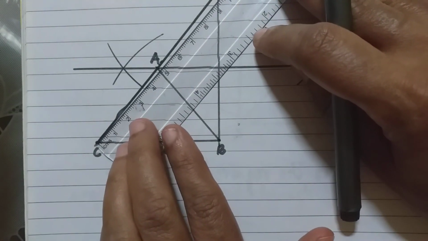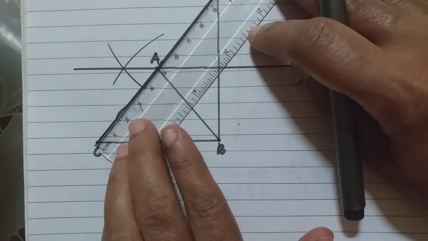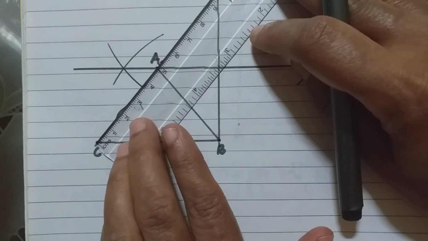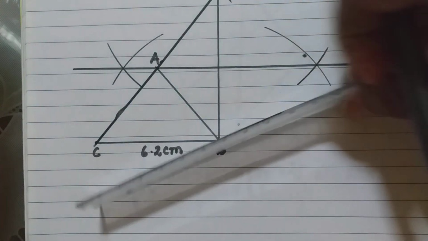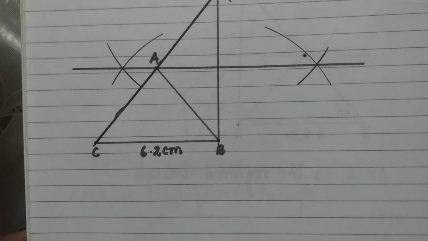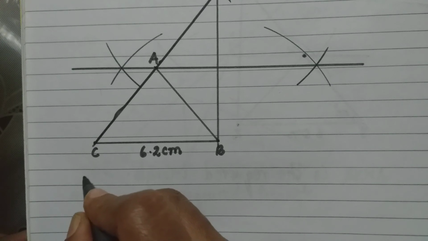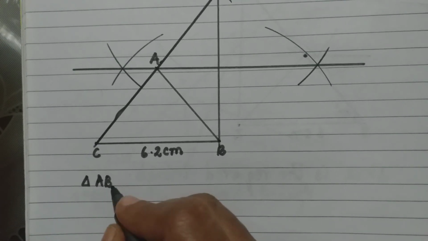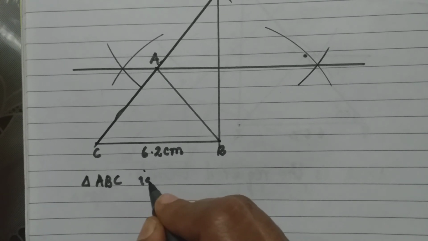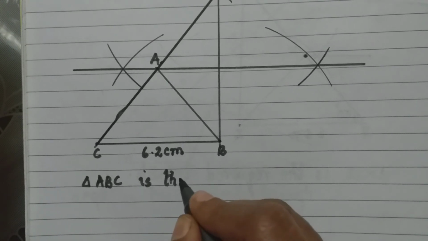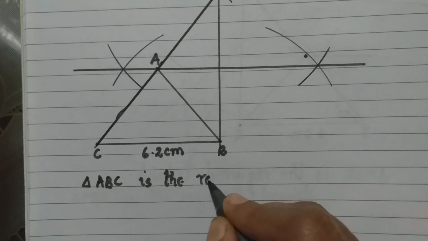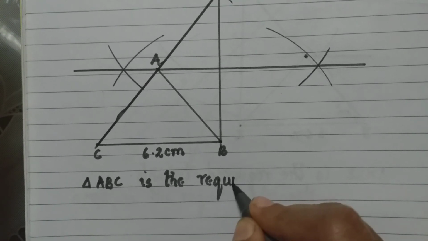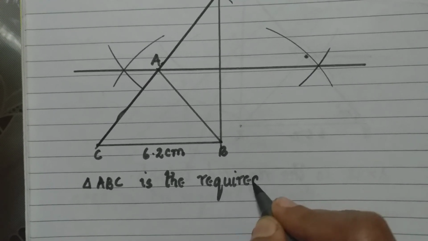We look at AC. You see the length here is 5 centimeter. So 5 plus 4.8 is 9.8 centimeter. Therefore, this is right. Therefore, triangle ABC is the required triangle.